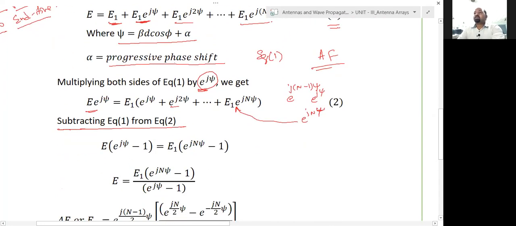So this minus this. Therefore, taking E common, we have e power j psi minus 1.